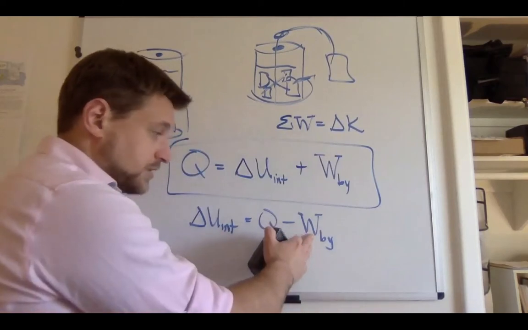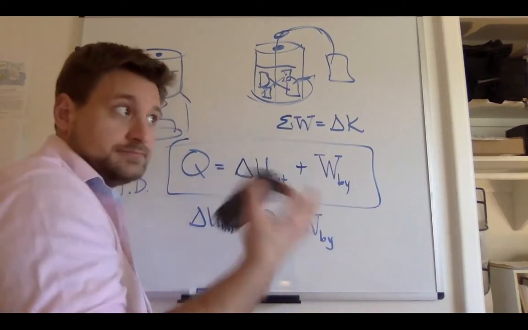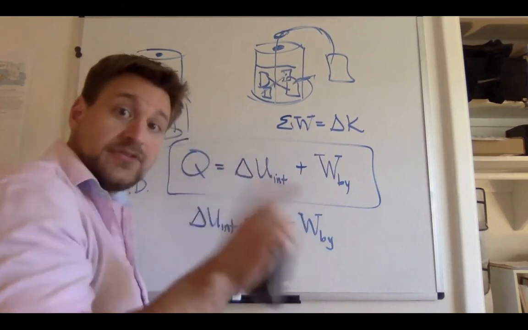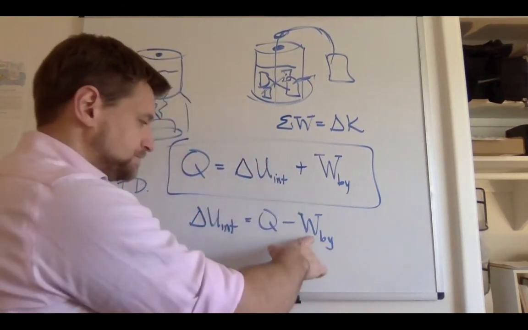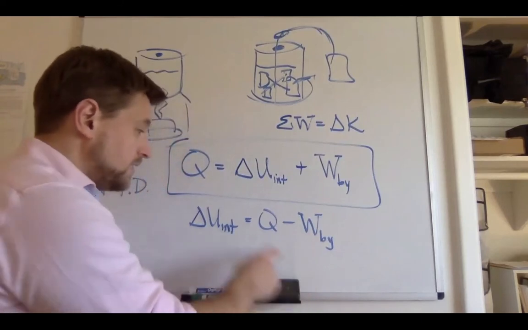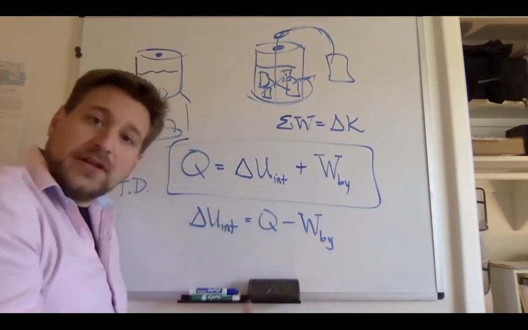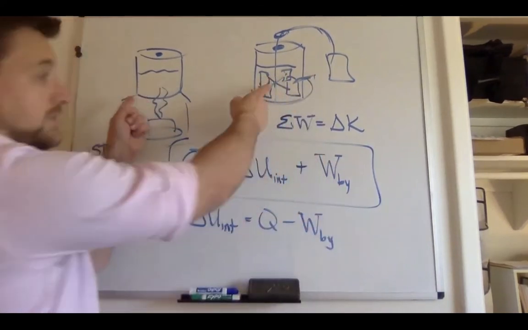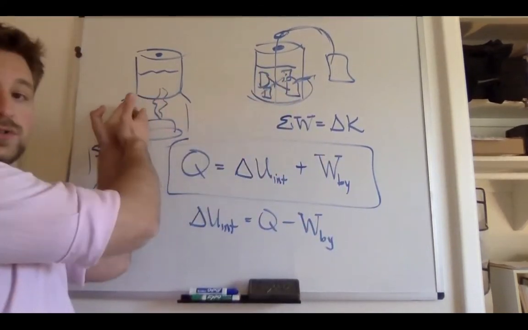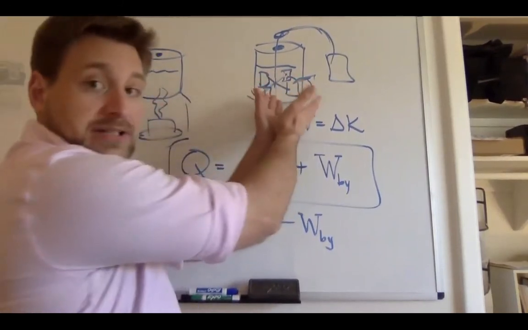So this term could be not the same for the same endpoints. It is path dependent. Q, it seems like it could also be path dependent, because we're talking about two situations, one where we're doing heating and one where we're not.